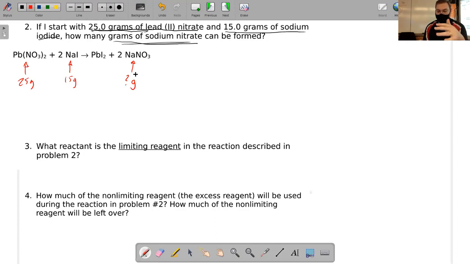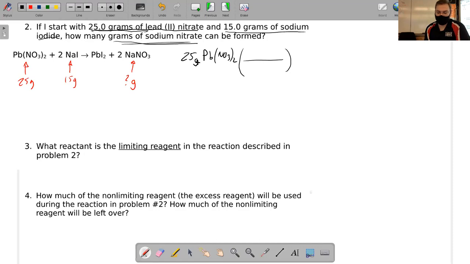And you compare the two quantities of sodium nitrate, and whichever mass is the least, that reactant must have been the limiting reactant. And all the time, if you start with a mass or a volume or something else, you always convert it into moles. There's no real exception to that.